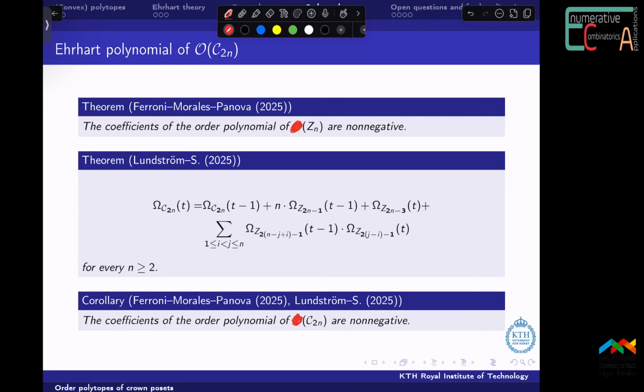For zigzags, this was proved this year by Ferroni, Morales, and Panova. For crown posets, they also proved this, but Lundström and I proved this with a different approach, using the recursion that you see on the slide. This recursion allowed us to prove the result more easily. Okay, so this is one of the results that we have.